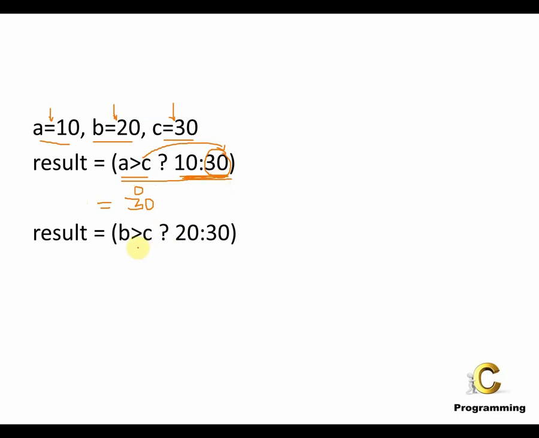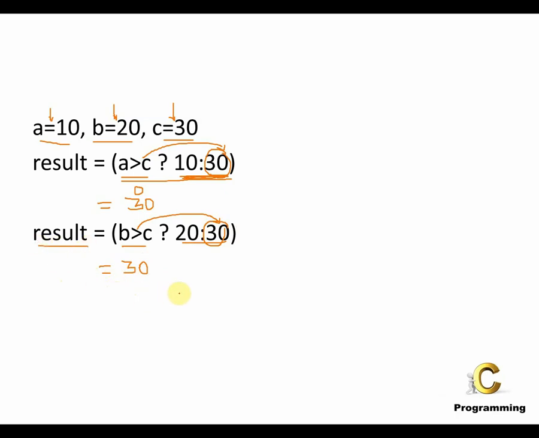Now let's see another example. B greater than C. Is B greater than C? Definitely not. Hence again we evaluate the third part, which is the 30 value. So result will take a value of 30. In other words, 30 is assigned to the variable result.